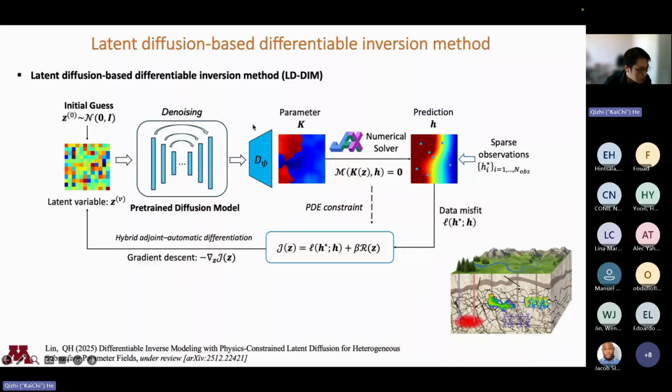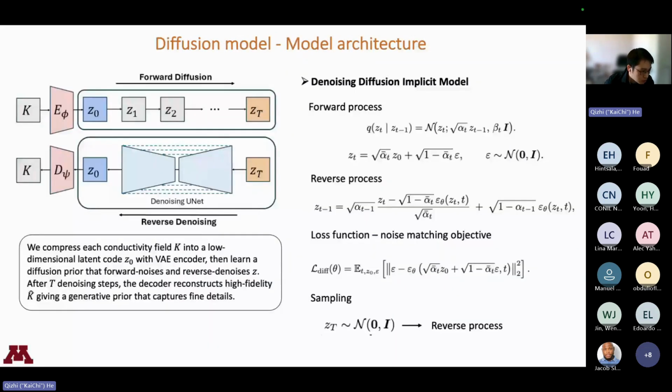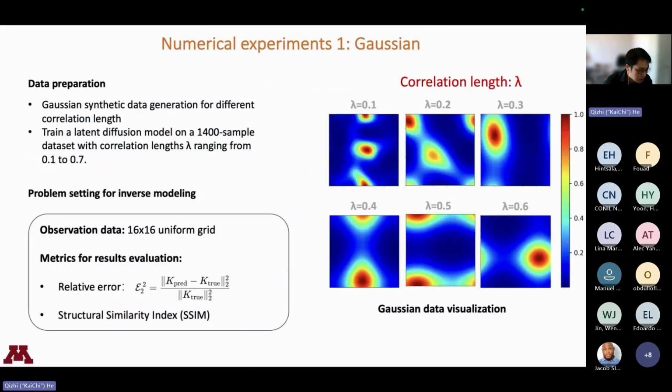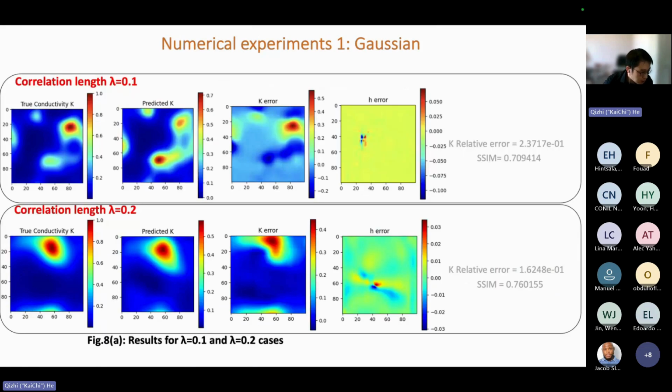We are using the latent diffusion model for dimension reduction and for generative sampling. And we encode a differentiable solver by the finite volume method, and we perform this AD type of optimization. So I will just give you a quick skim of the result.